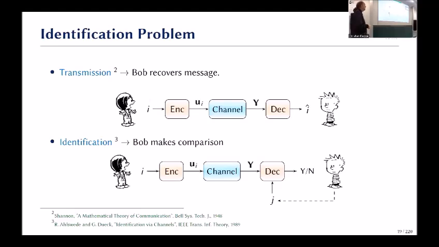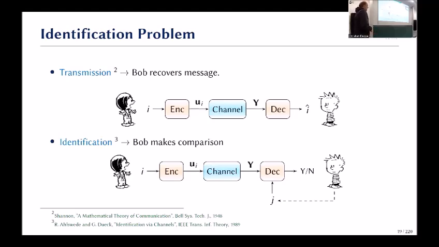Now let's come to the first, the simple post-Shannon scheme, which is identification. So here we have Alice again. Here, as a reminder, I have the transmission scheme of Shannon. And now here I have the identification scheme of Ahlswede and Dueck.